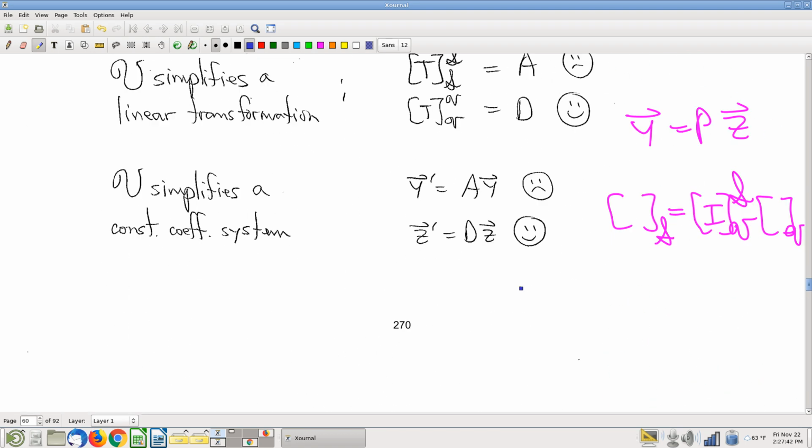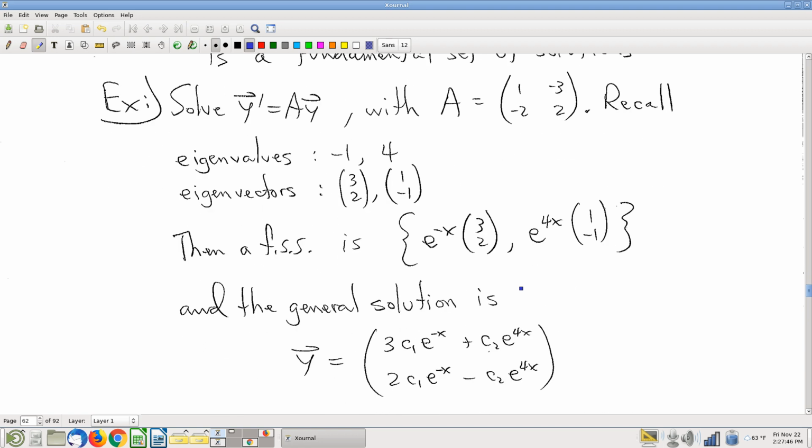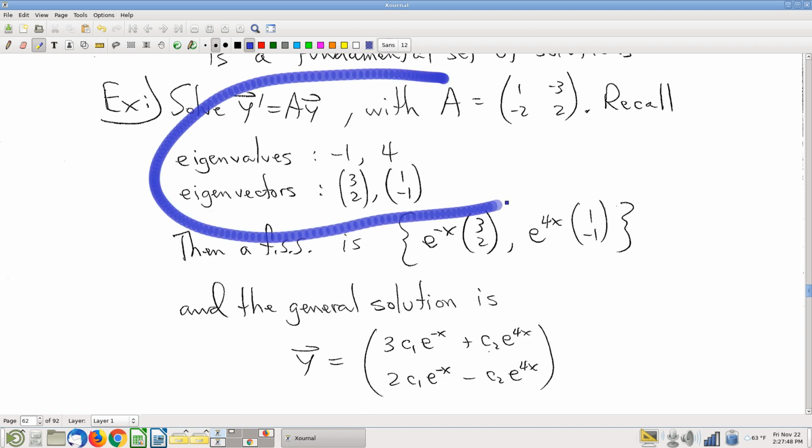And if you want to check whether you understand this argument, a really direct way to do that would be to take this matrix with these eigenvalues and eigenvectors and go through the original argument. Don't just cite the theorem like I did here, but think about what a diagonalization of this matrix would look like. How would you rewrite it? How would I write the relationship between y and z?